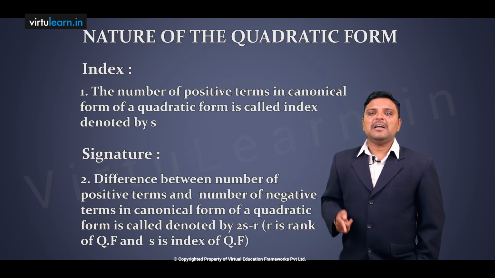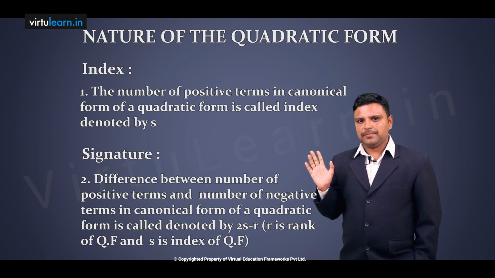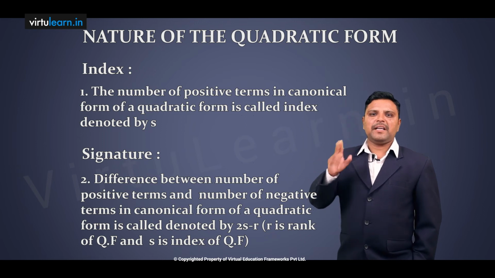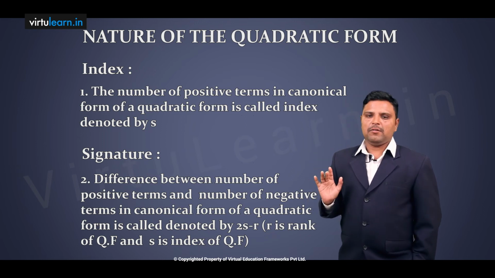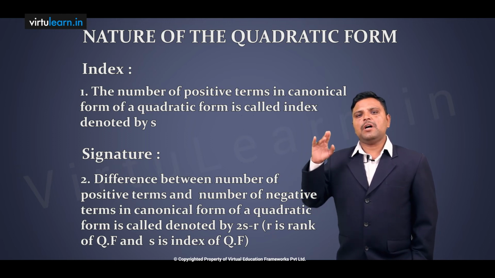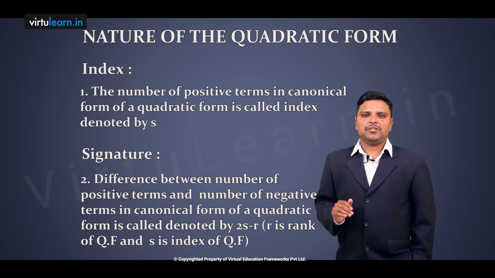R is nothing but the rank of the matrix. Now this is the notation. By using the formula we can calculate the signature of the quadratic form. Otherwise, the difference between the positive and negative terms of the canonical form is also the signature.